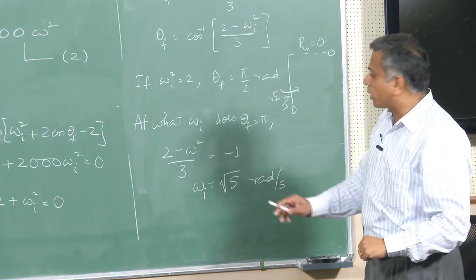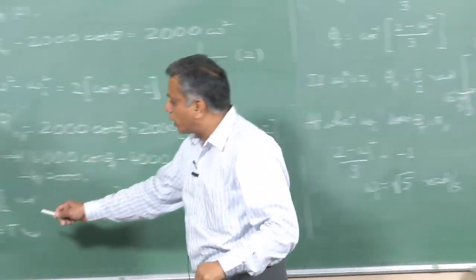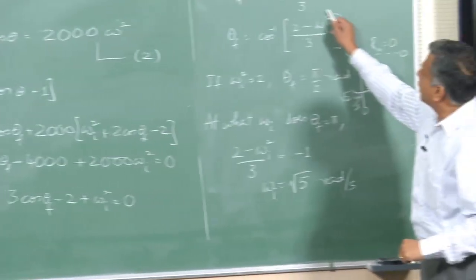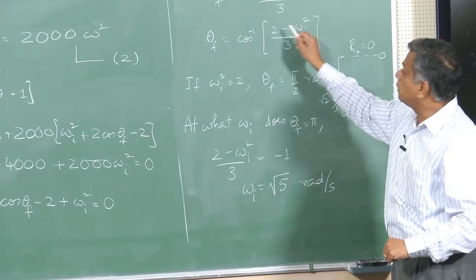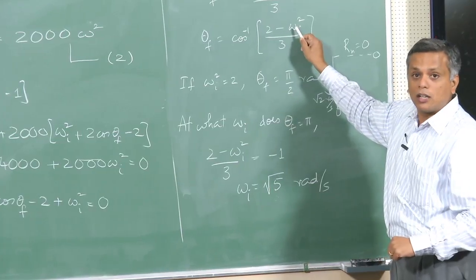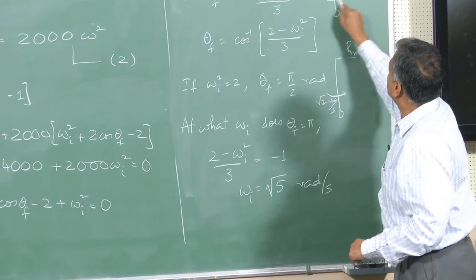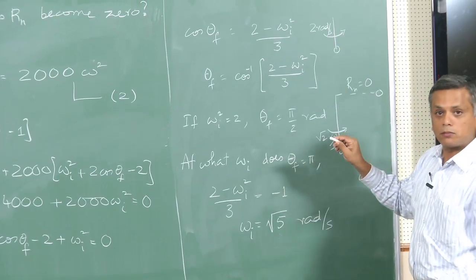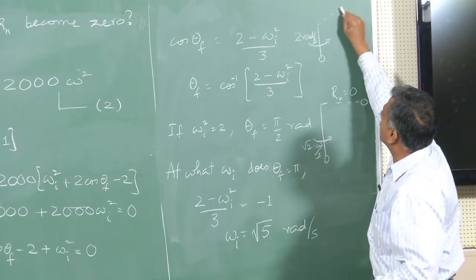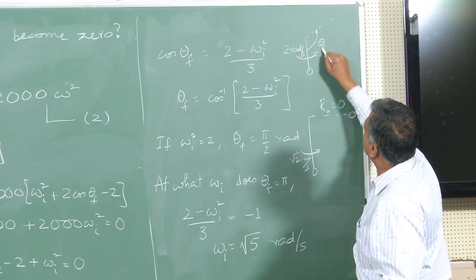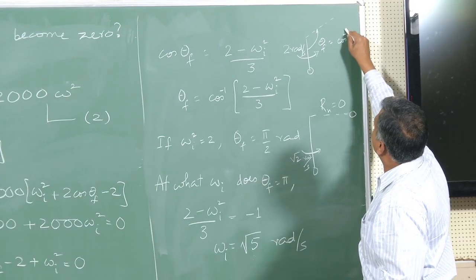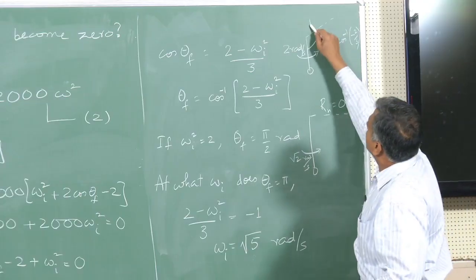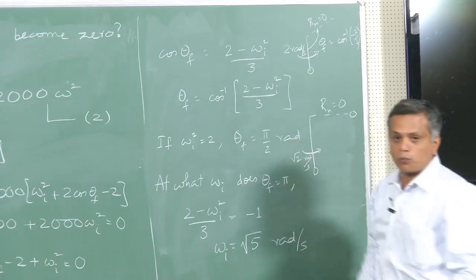Now, if I go back and look at what happens if I only give 2 radians per second, then omega I squared is 4, and 2 minus 4 is minus 2. So there is some angle, some theta f, which is cosine inverse of minus 2 over 3, at which Rn becomes 0.